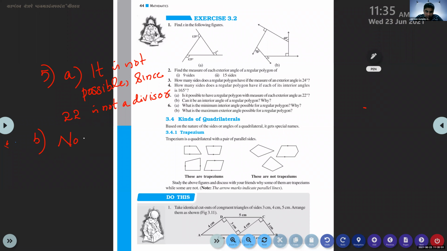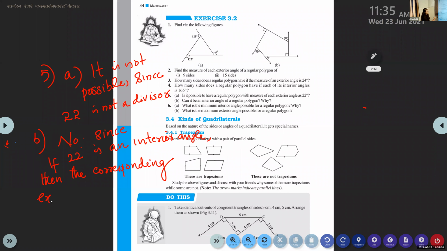No, since if 22 is an interior angle, then the corresponding exterior angle will be 158 degrees. And 158 is not a divisor of 360.